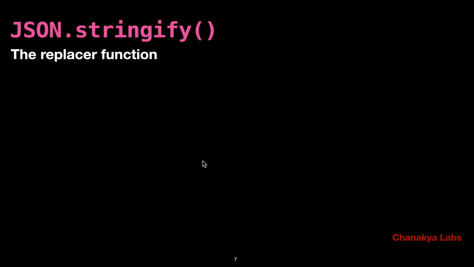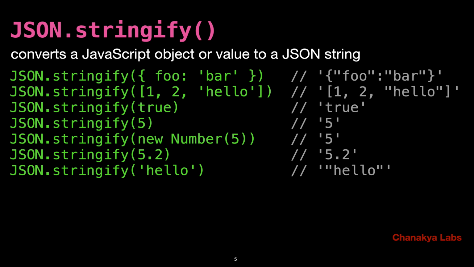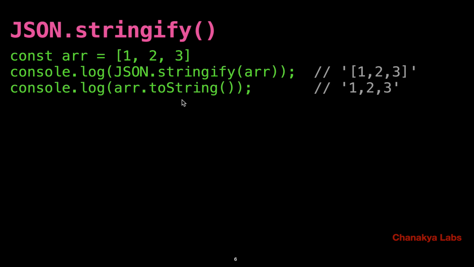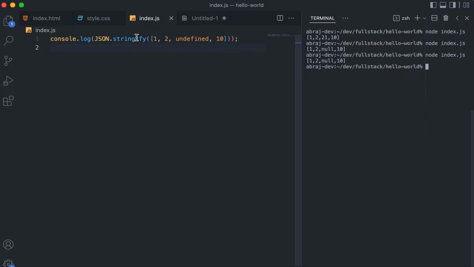now there is something called the replacer function. Earlier we saw that all the things which we are getting, we are passing in JSON.stringify. There is just one piece of data we are passing, and that is transformed automatically. What if your requirement is something different?